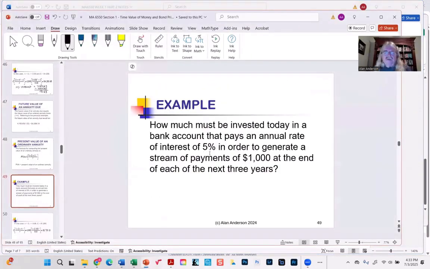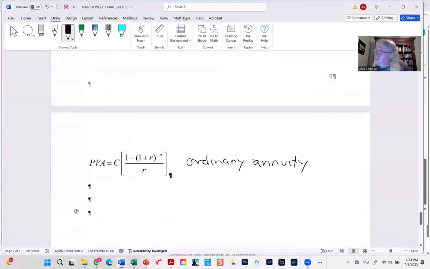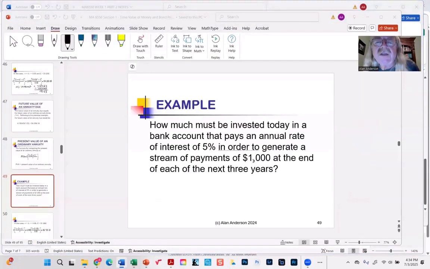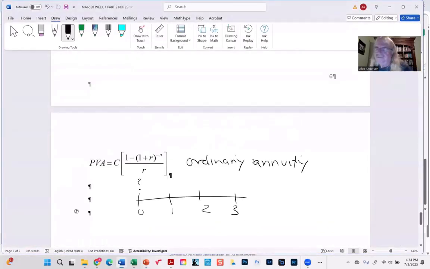So let's see, what do they have for us? How much do we have to invest in the bank today? It pays a rate of 5% interest in order to generate a stream of payments of $1,000 each at the end of the next 3 years. So we need to know how much we will put away today in order to make sure that we can withdraw $1,000 a year for the next 3 years.